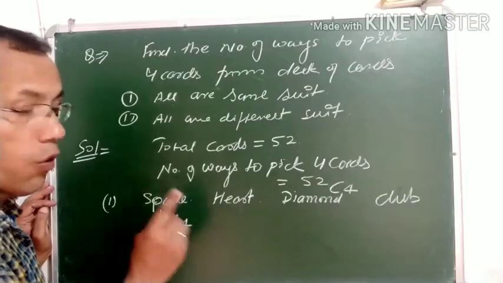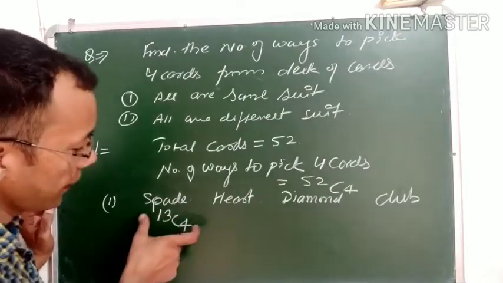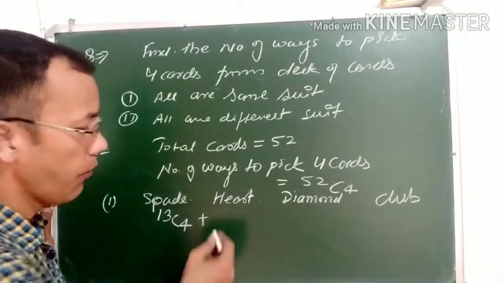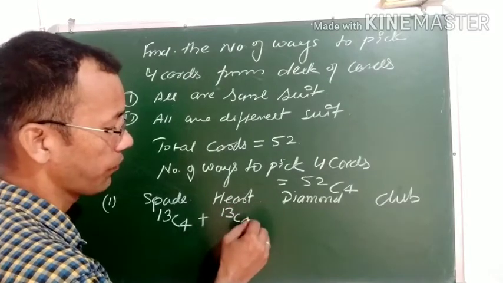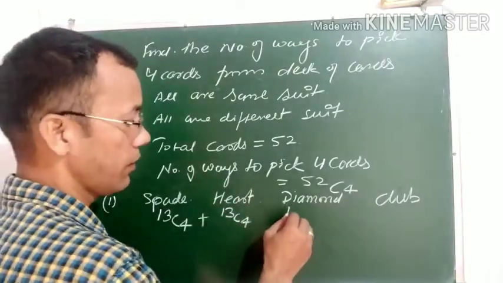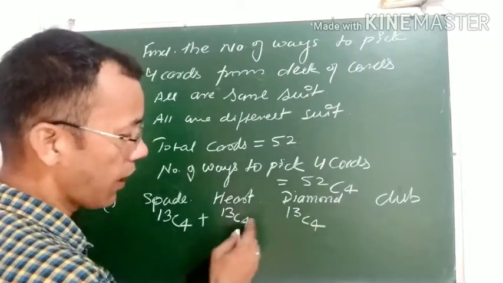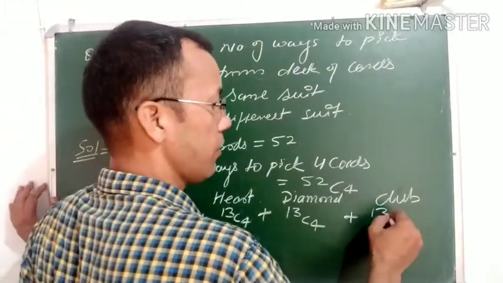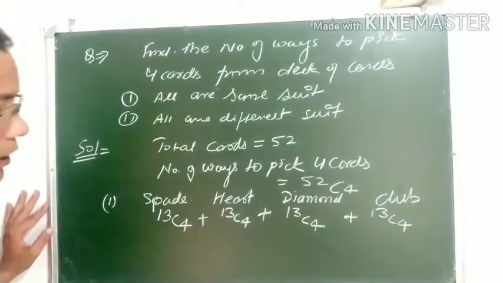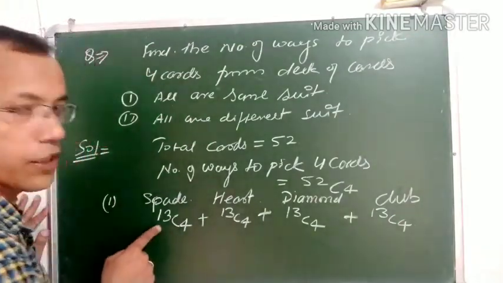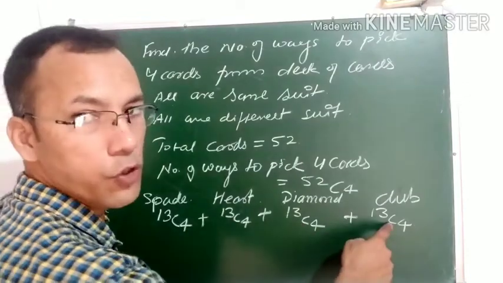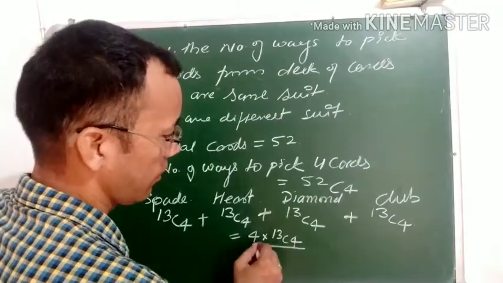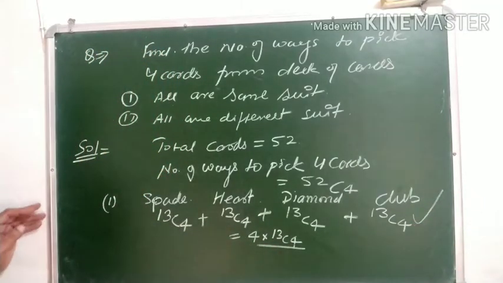Or plus 13C4 for hearts, or 13C4 for diamonds, or all must be clubs, 13C4. So this is equal to 13C4 plus 13C4 plus 13C4 plus 13C4, that is 4 into 13C4. That is correct.